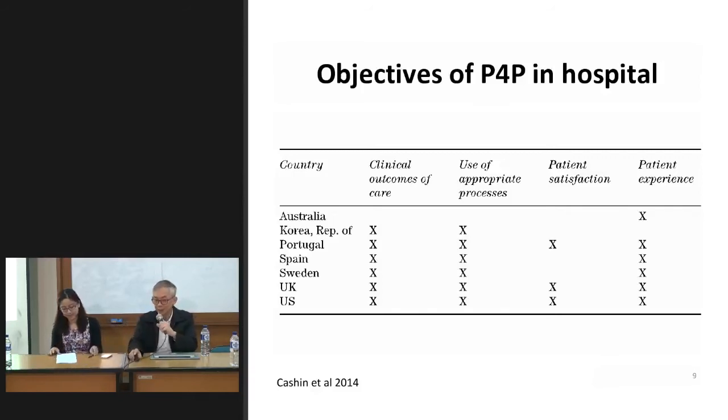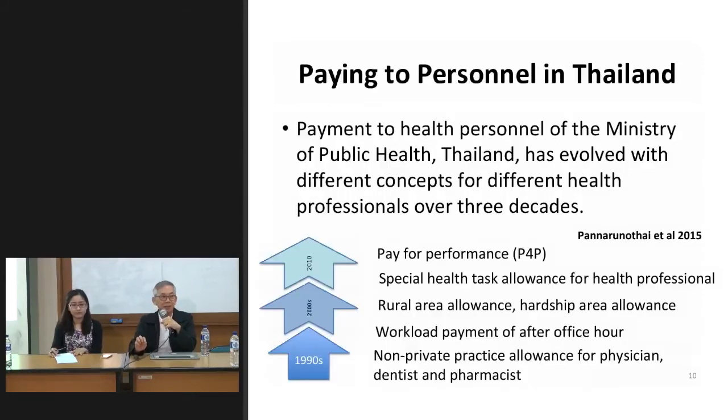Yeah, next part, I will give an example in Thailand, but I have to present only payment to personnel. That means paying the health workers, not paying at the hospital level. Because for paying at the hospital level, we have discussed earlier capitation and also DRG.